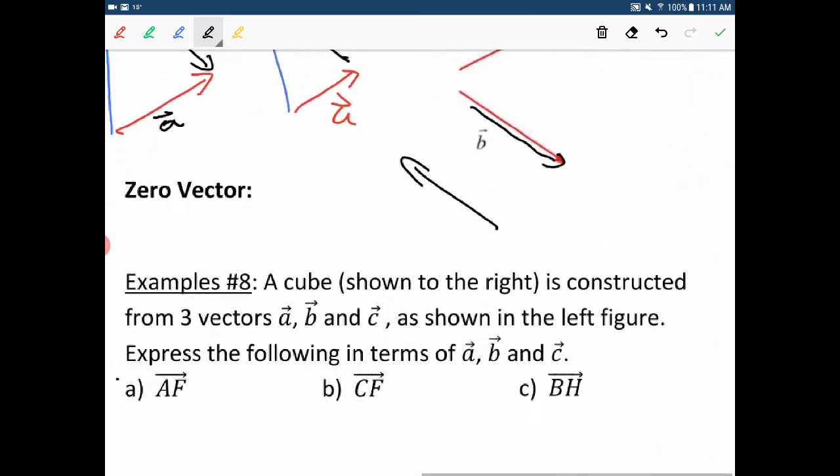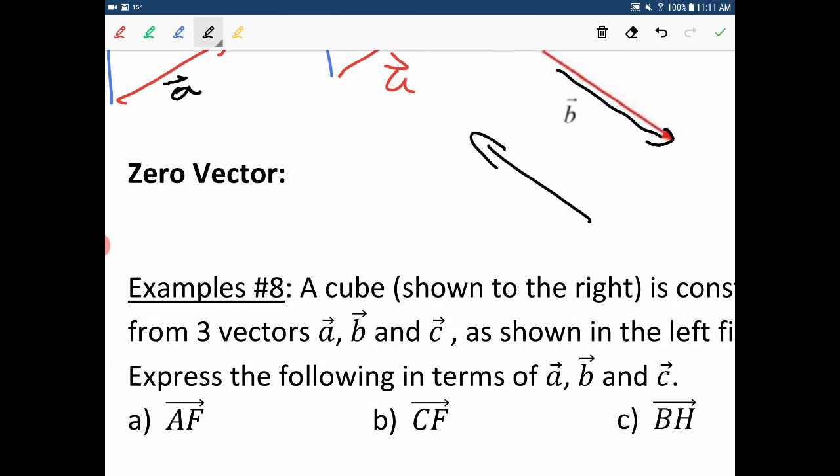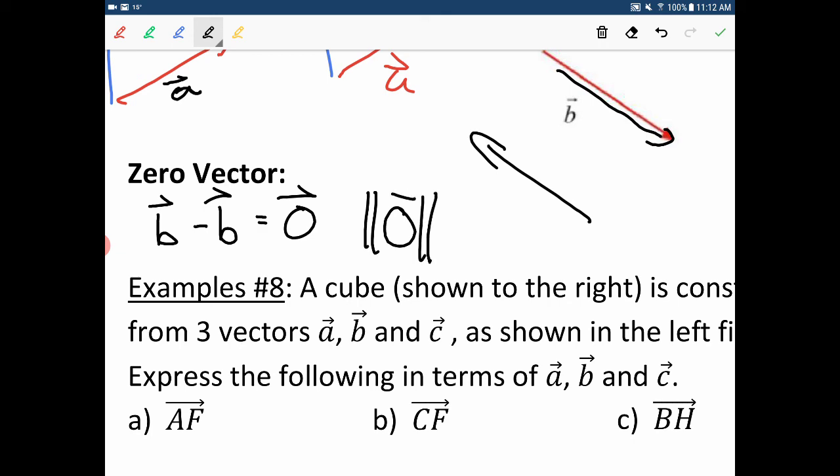And then the only other thing that we will need to talk about is the zero vector. A way to define it is to say, well, if you took any vector B and you subtract itself, what you're left with is the zero vector, which we just write as a 0 with the vector sign. And the magnitude of the zero vector then, obviously, is just equal to 0.